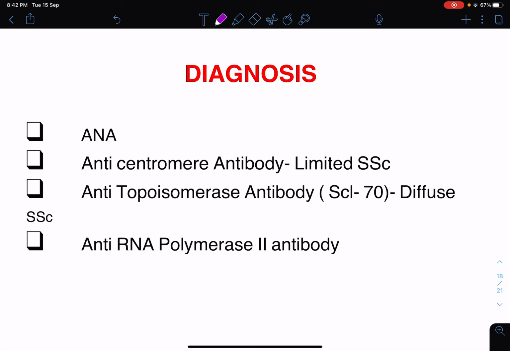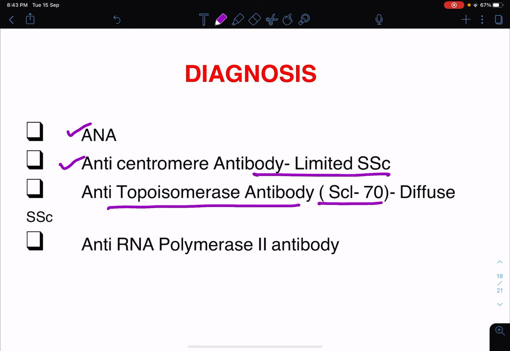Okay, so in the serum, we can test for anti-nuclear antibody. We can test for anti-centromere antibody. This is specific for limited systemic sclerosis. Anti-topoisomerase antibody or anti-SCL70. This is specific for diffuse systemic sclerosis, or anti-RNA polymerase 2 antibody. These are the autoantibodies which we can look for in a patient in whom we are suspecting systemic sclerosis.